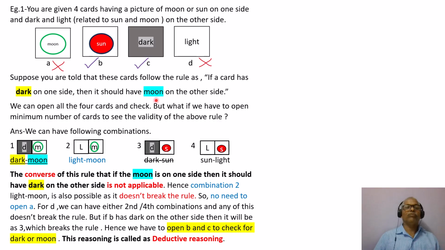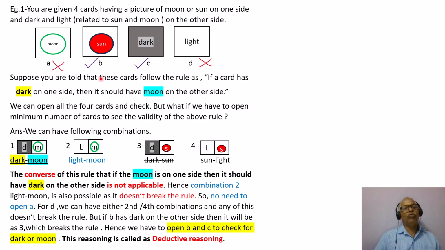But if it has moon on one side, then it should have dark on the other side is not applicable. Very interesting and very intelligent reasoning. Now try to understand this. It's talking only about dark. If you can see dark, then you should have moon.